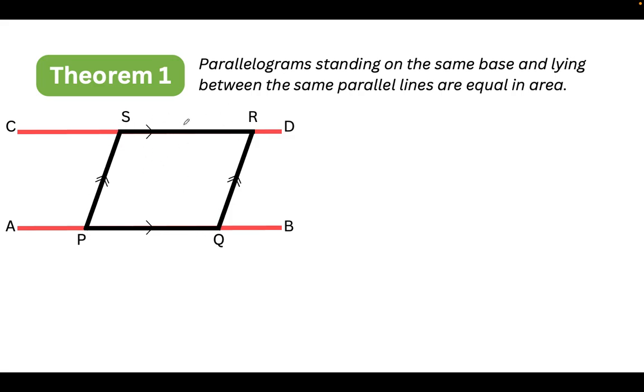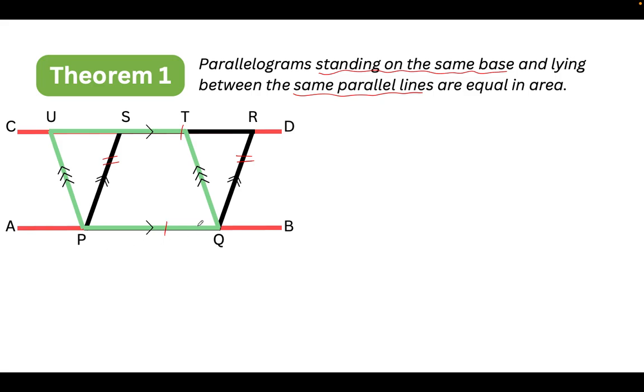Okay, let me write it as well, to represent it symbolically. So PQRS is a parallelogram, and we also need to construct another parallelogram that is standing on the same base PQ and lying between the same parallel lines, that is AB and CD. So the other parallelogram is this, the green one.